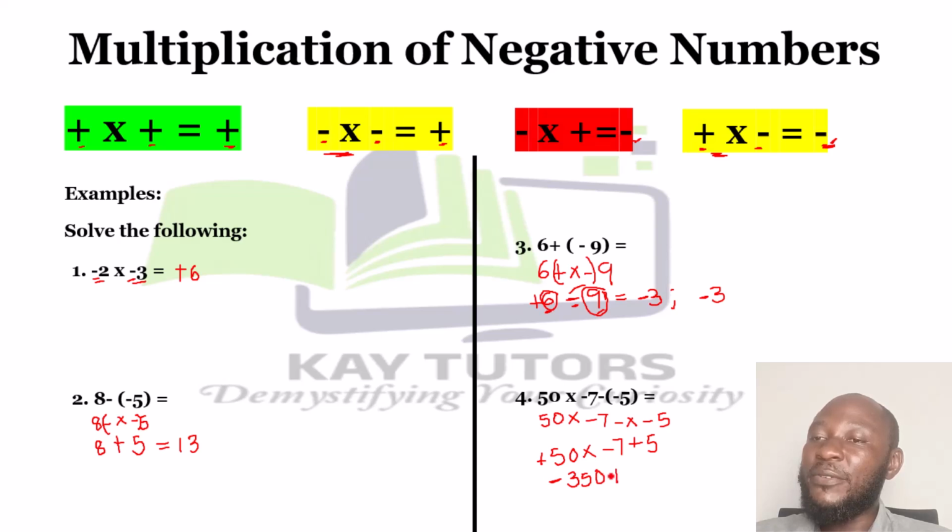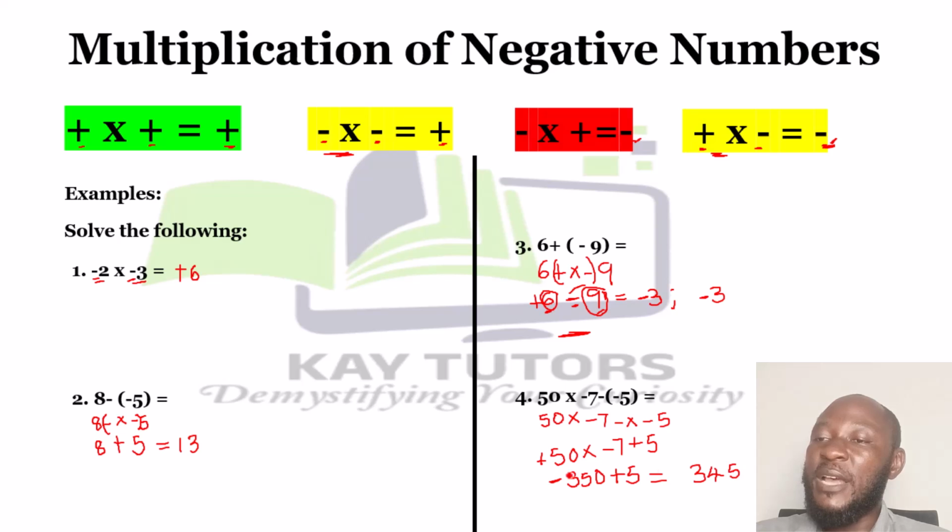plus 5. Again, I am faced with this type of addition and subtraction. Okay, minus 350 plus 5. Since I have different signs here, of course, I will subtract. So if I subtract, I'll get 345.